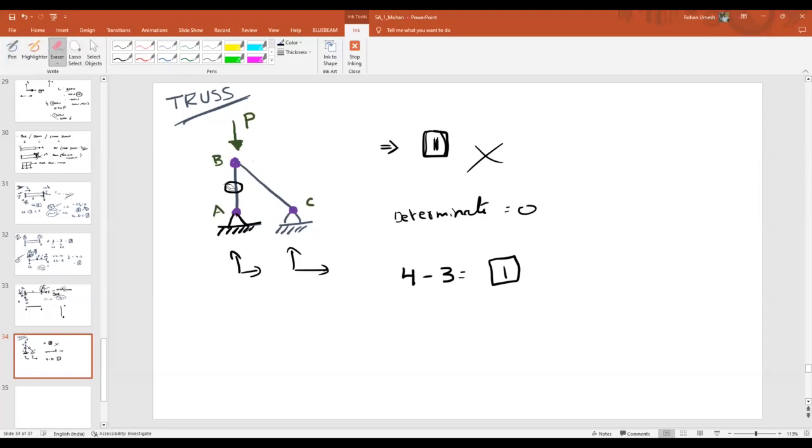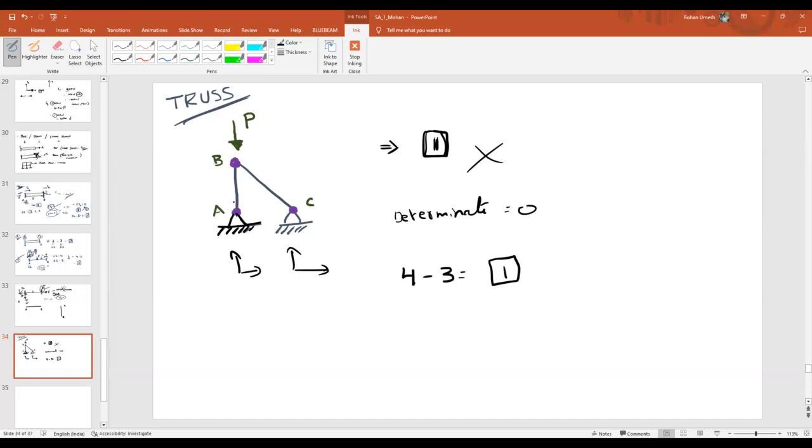Yes, sir. Now, I'm telling you that these are truss members. Which type of forces will the element carry? Only axial force, isn't it? So member AB will transfer which type of force to the support?